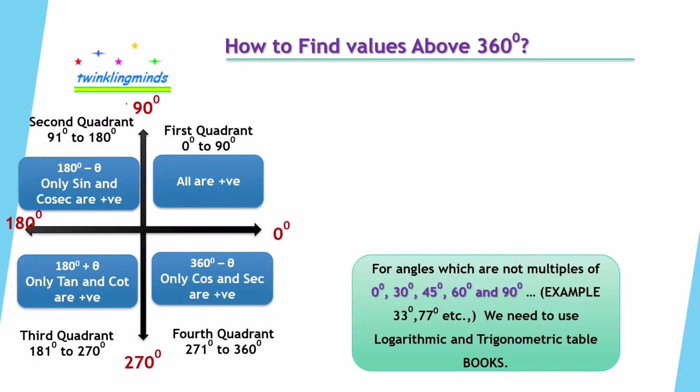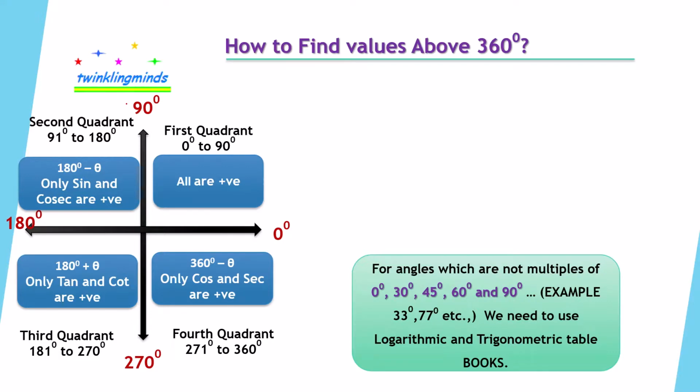If we have to find out the values for other angles like 33 degrees, 77 degrees, 100 degrees, 105 degrees, or it could be 275 degrees, we need to use trigonometric tables. Where are these tables available?